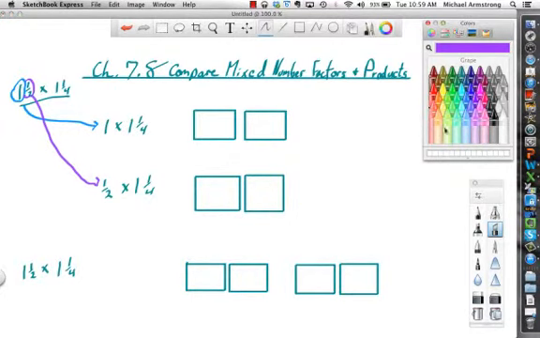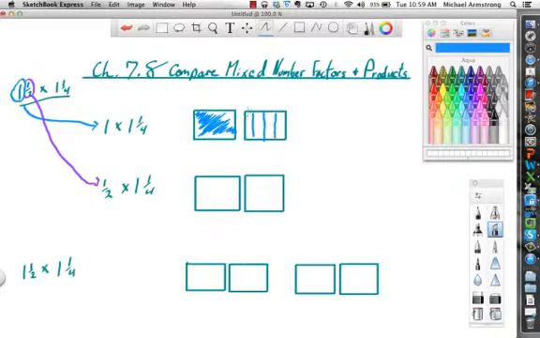So 1 and 1/4, if we go back to this color, when we shade this, I believe we can shade 1 and 1/4 one time. So we shade this whole thing once, and then we're going to cut this into fourths, and we could cut it like this.